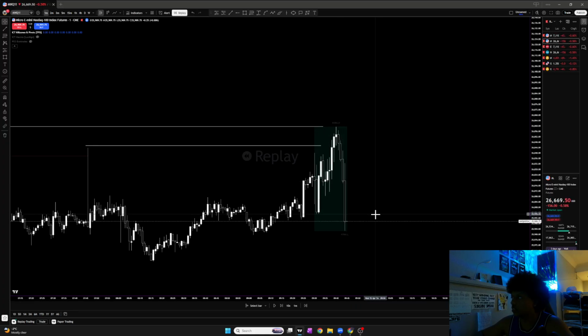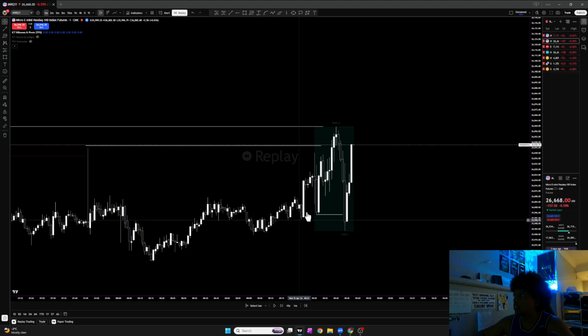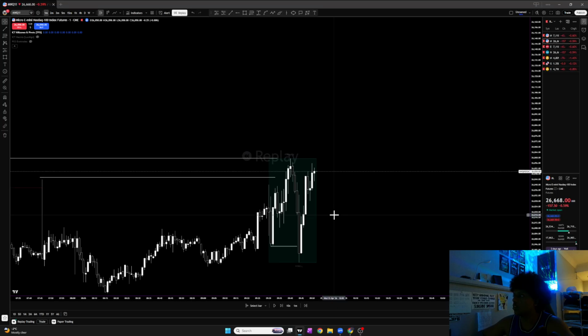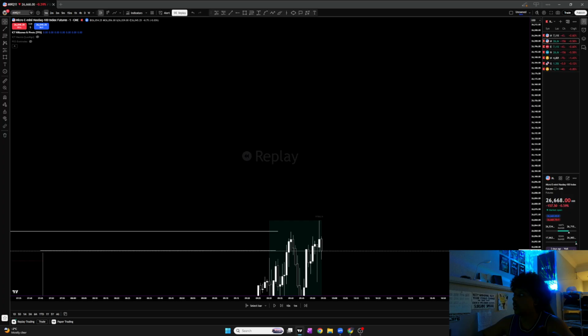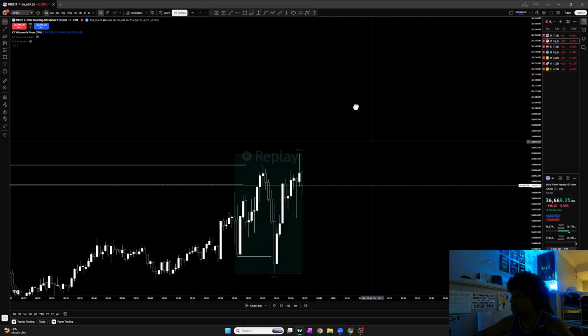No entry still. As you can see right here, we got this 9:30 low swept. That's some sort of internal liquidity to sweep. So still no market structure shift. Still no entry. Most probably the price would take this high right there today.